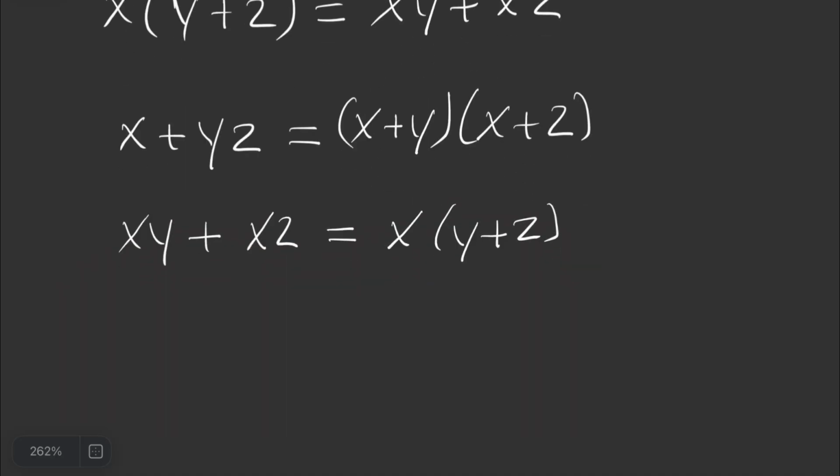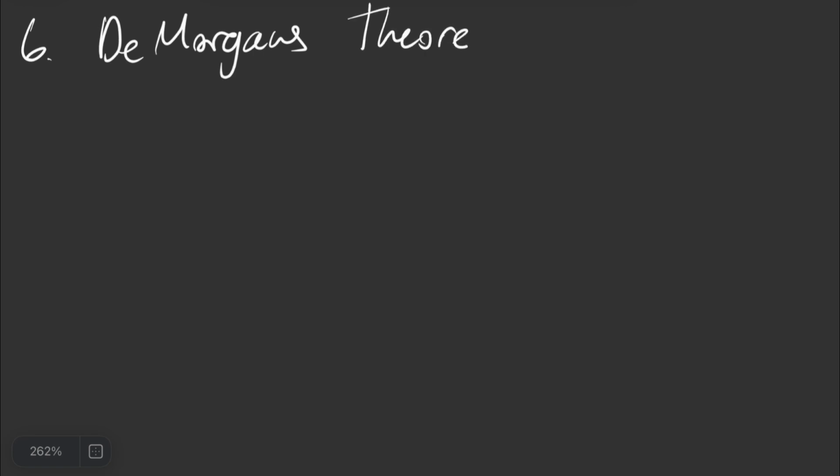Okay, now I'm going to show you guys one of the most important Boolean algebra laws. It's called De Morgan's theorems. For De Morgan's theorems, if you have x or y prime, essentially what you're going to do is prime everything on the inside and flip the operation.